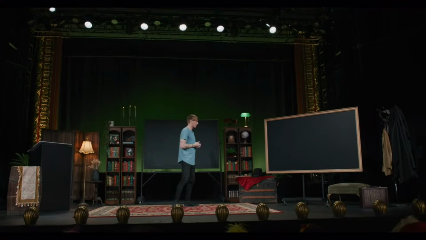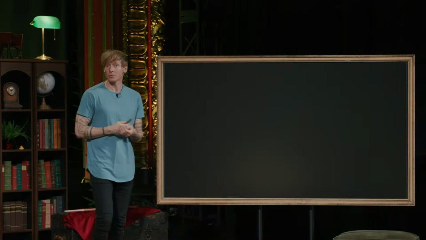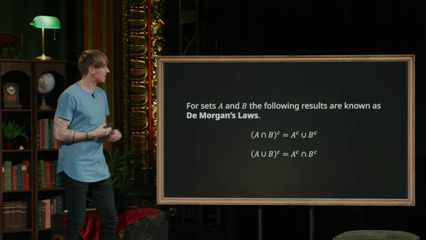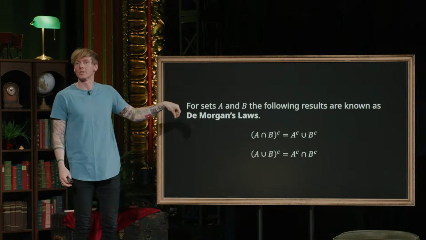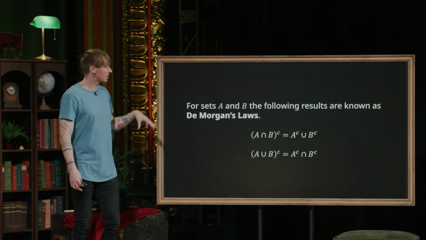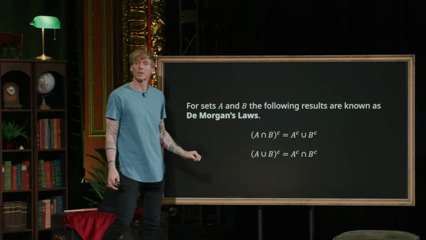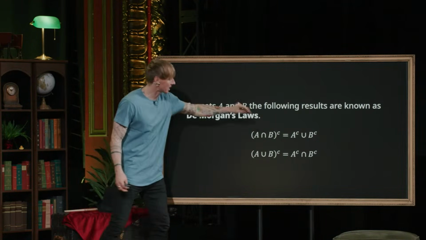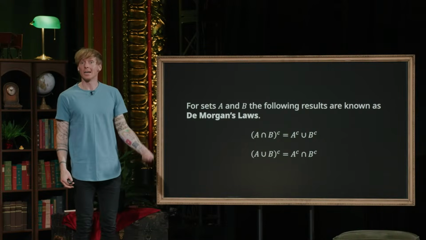So one of the most important set of laws or rules that we want to be aware of and want to be capable of using is a set of laws called De Morgan's laws. Now these tell us how to apply the complement of a set when we have an intersection and when we have a union.